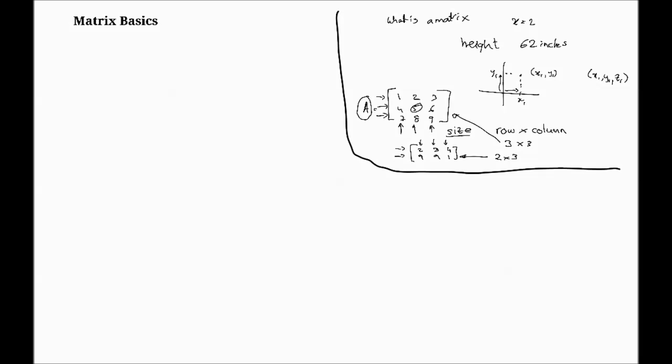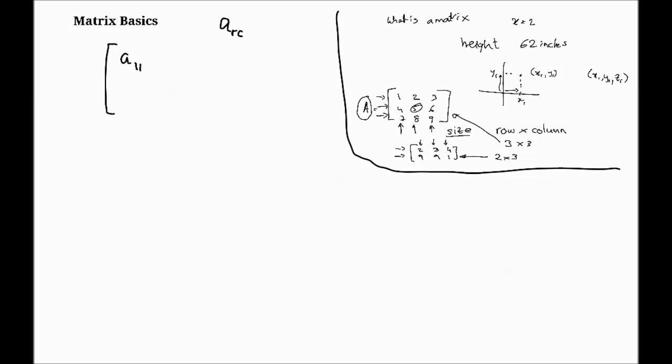Let's look at a particular number. Let's say this is A, for the sake of argument. Where is this number located? Well, it's in row 1 and column 1. So the elements in a matrix can be written like this: row and column.